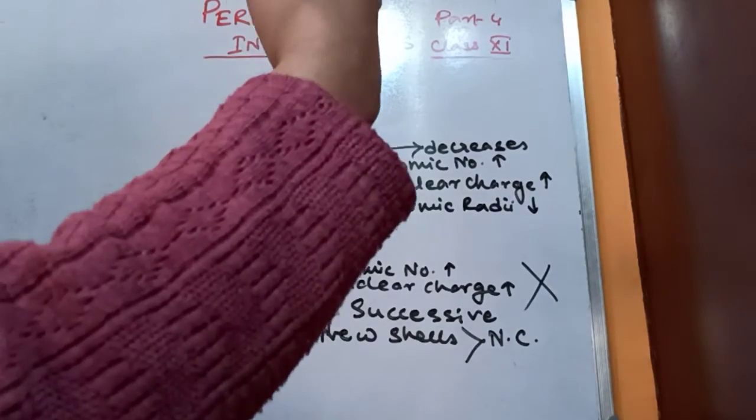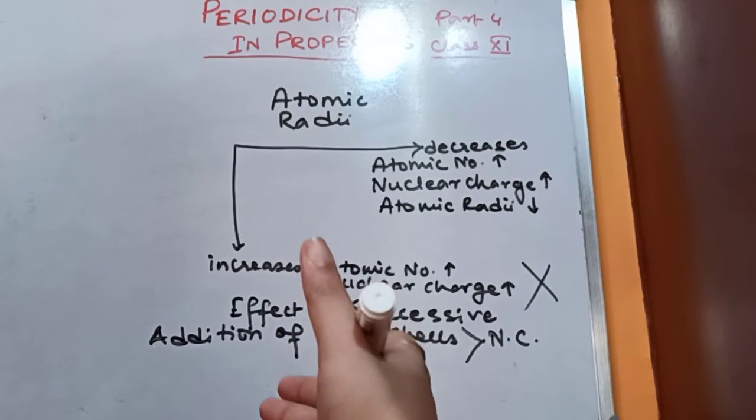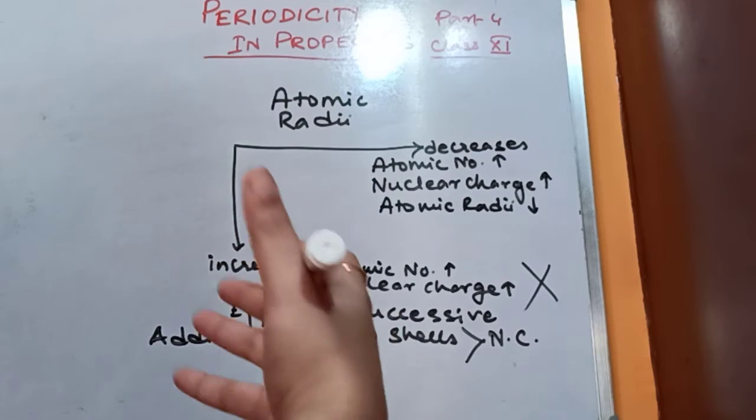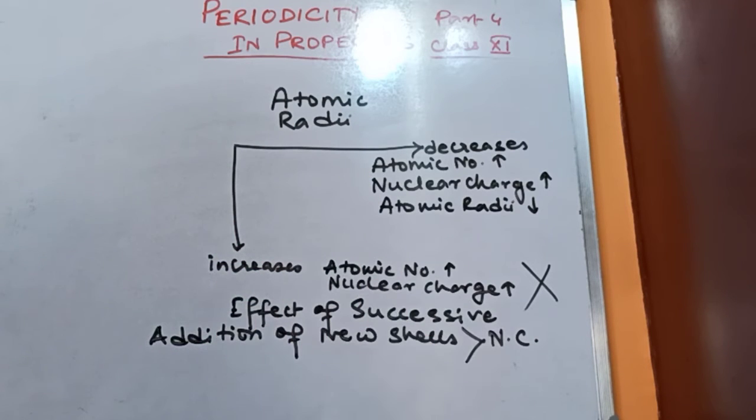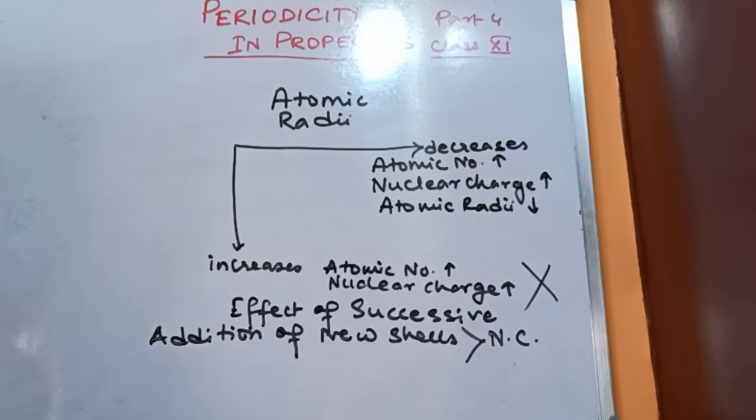Since on moving down the group, new shells are added in each element, that effect is much greater than the effect of the nuclear charge. So this is the atomic radii trend.